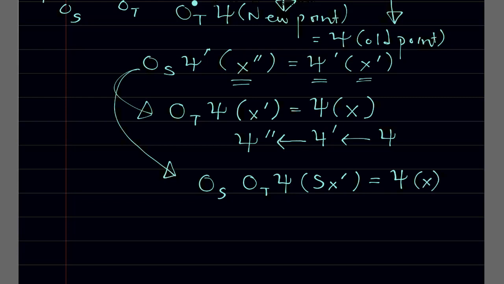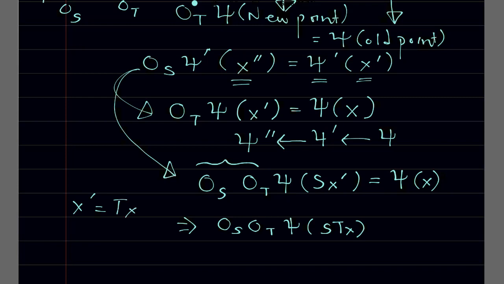Now look at this interesting structure that I'm getting: multiplication of two operators through this definition. So I can write OS OT psi of, and this can be written as ST of x, which is easy because we know that x prime is Tx, and just write this side as it is.